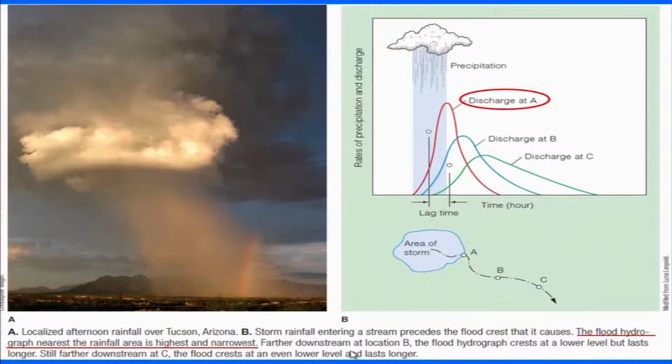Whereas at the farthest downstream location B, the hydrograph crest is at a lower level but lasts longer as compared to the upstream area, very similar to what we were saying about upstream and downstream floods.